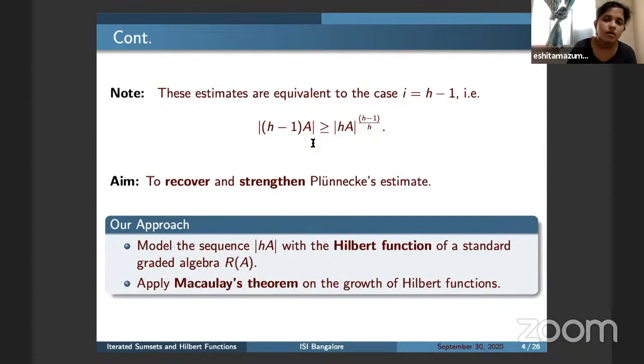First of all, corresponding to a finite set A, we are going to construct a standard graded algebra R_A, such that this standard graded algebra has a Hilbert function which is the same as the cardinality of the h-fold sumset of A. Once this step is over, we follow our next step, where we apply Macaulay's theorem on the growth of Hilbert functions.